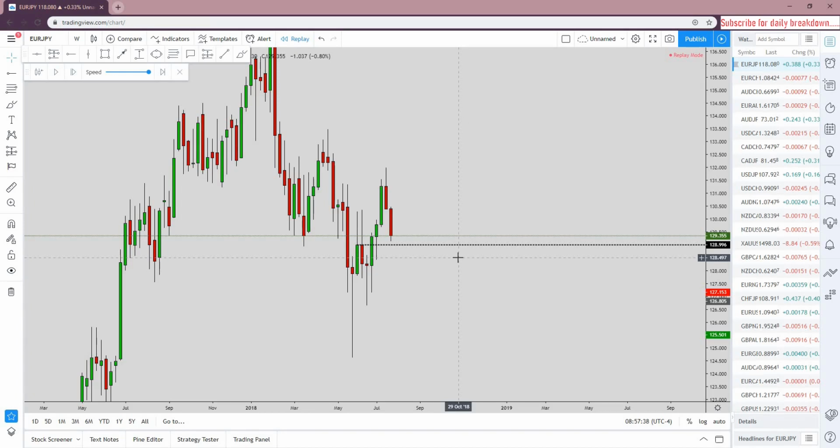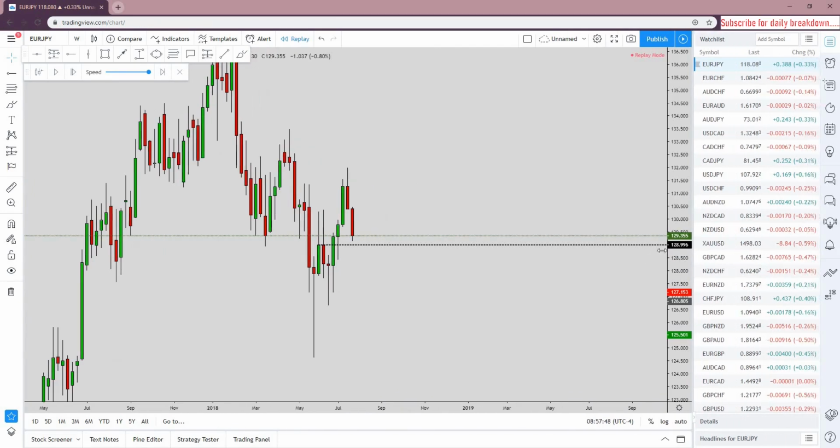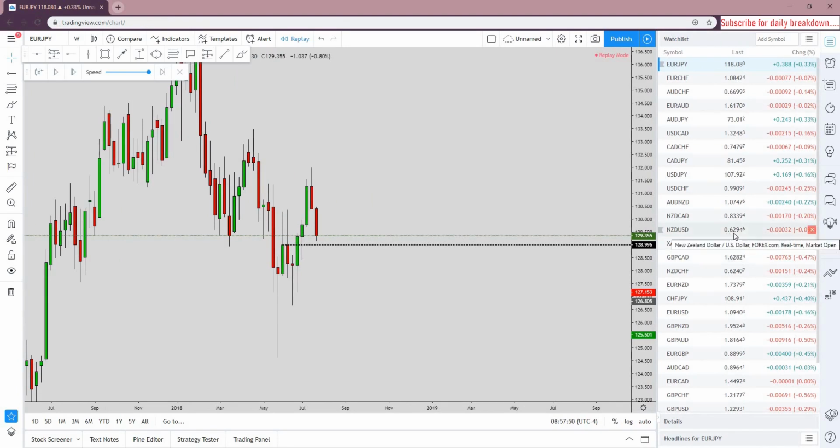So 128.20. Now if you're asking yourself why I'm ignoring the last digit, it is because you always have to do this, even with pairs that have longer prices, like for example 0.6294. This 6 in the end, I will ignore it, because that is not a pip, that is a pipette, the unit smaller than the pip.